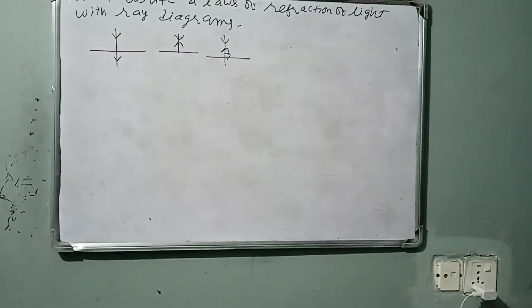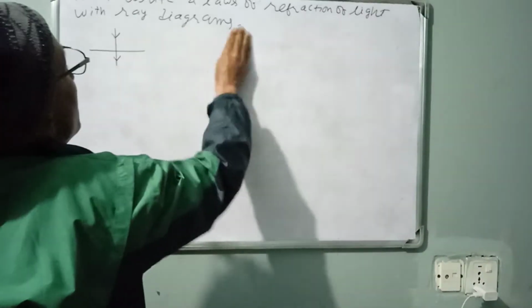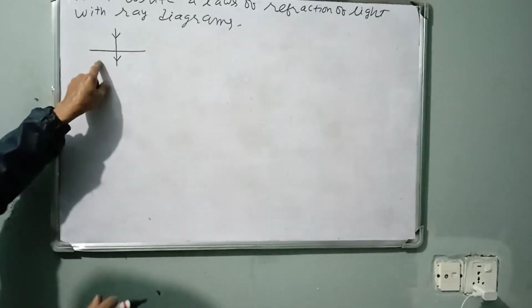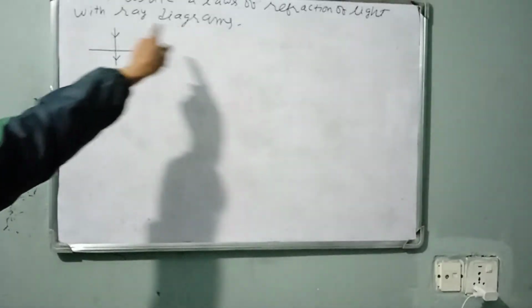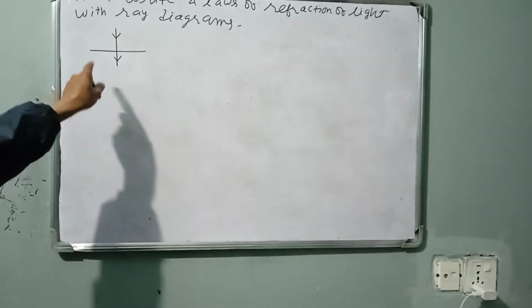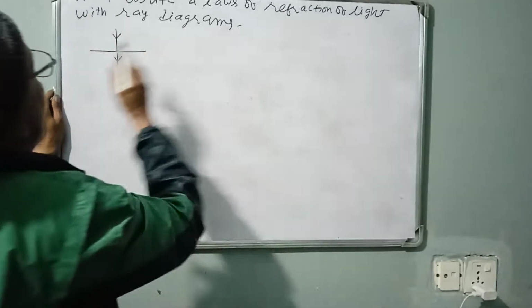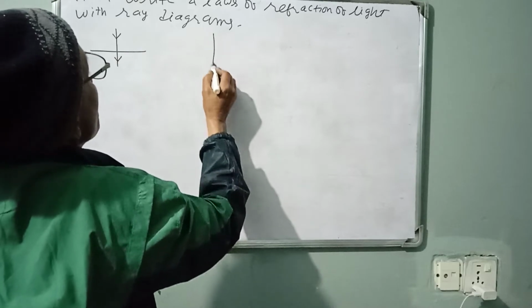This is the case of refraction of light. When a ray of light is normally incident, it is normally refracted without bending. First law. Second law.